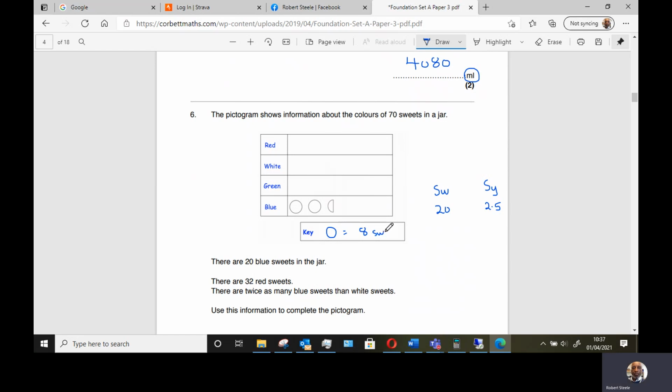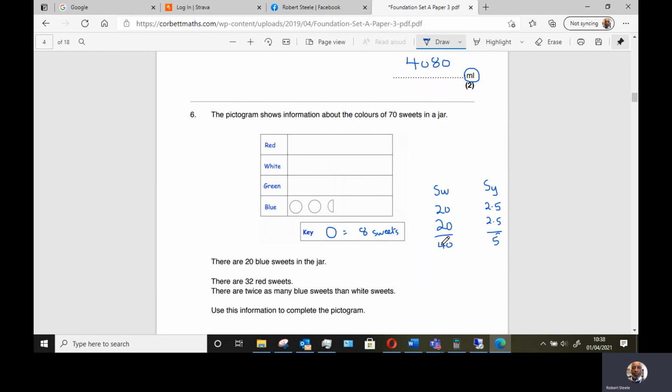Now, I've taught some students who might not be totally comfortable with being able to divide by decimal. So another option you have is to say, well, 20 sweets is represented by 2.5 symbols. Then if you were to repeat that, then you'd have 40 sweets represented by 5 symbols.